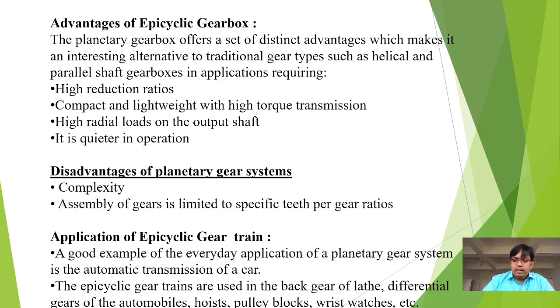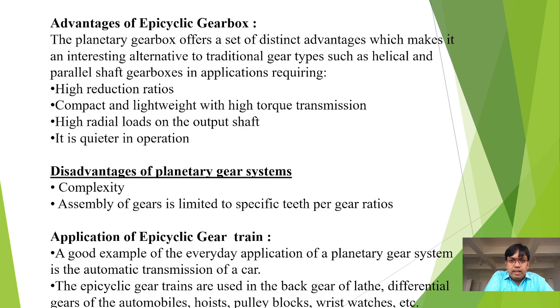Now, these are the advantages of the epicyclic gear train. They are generally used for high reduction ratios. They have very quiet operation, and they are very compact in nature and have high torque transmission also.